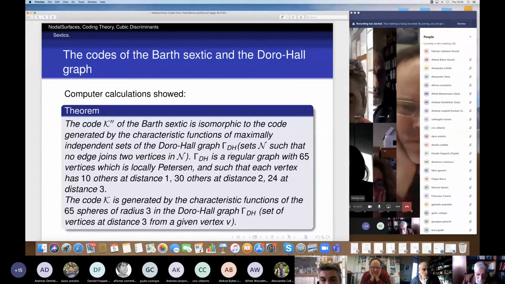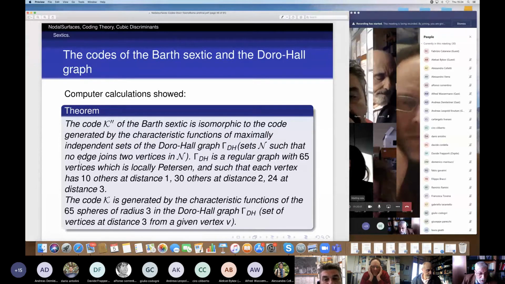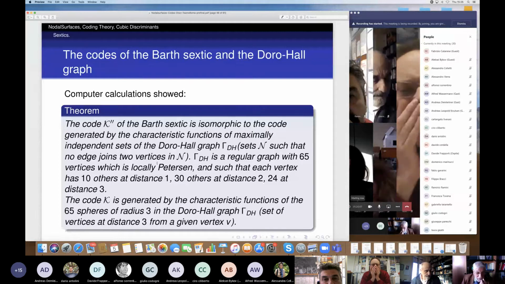There is a graph. There you take all the maximal sets such that no edge joins two vertices. This is found by Yongwa, actually. And then you take these functions.